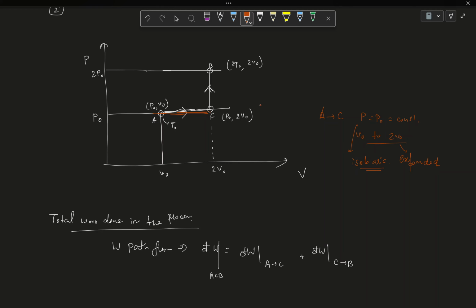But in C to B, the second step of the process, you can see that the volume is constant and pressure is changing, because on this line the volume is 2V naught, constant, and the pressure is changing from P naught to 2P naught.